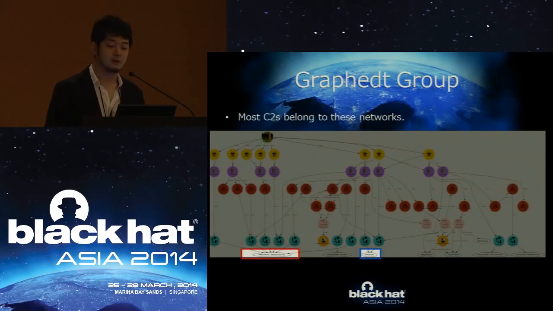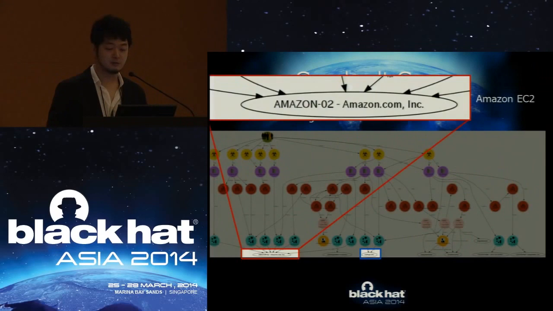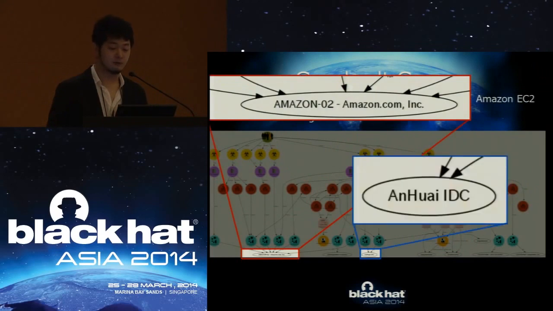Most of the CNC servers belong to Amazon EC2 and Unfly IDC. Some CNC servers hosted in Amazon EC2 are in the Japan region as the server's geolocation.